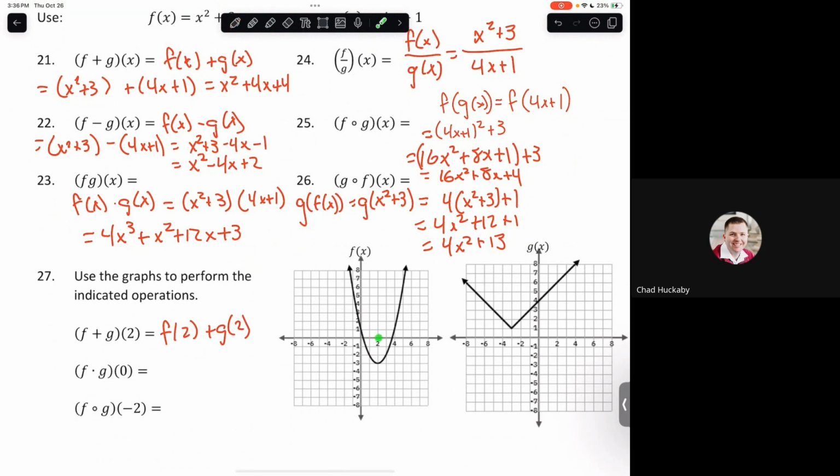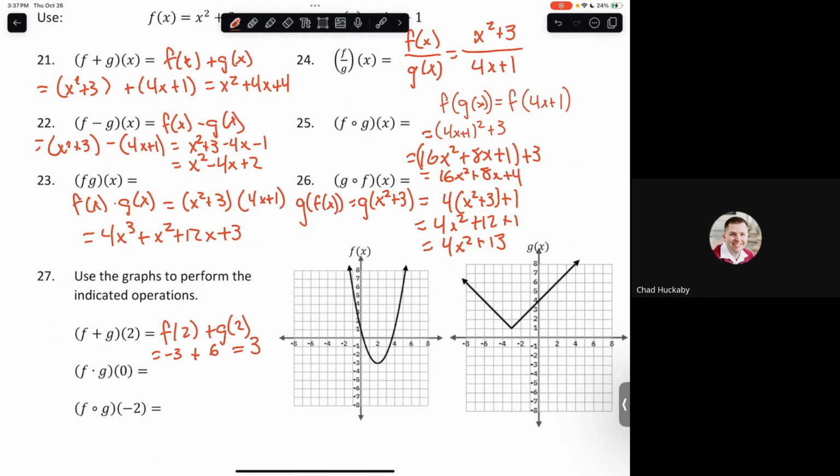So we look right here. That's 2 on the x-axis. And we get out a -3. So that's equal to -3. And g of 2, when I evaluate at 2, I get 6. So that's -3 plus 6, which is equal to 3.